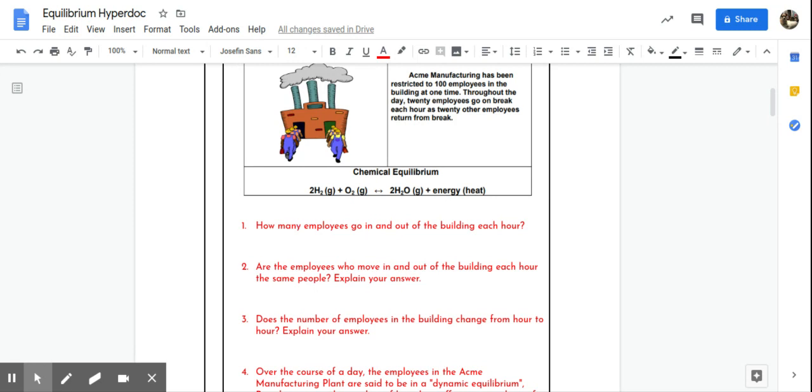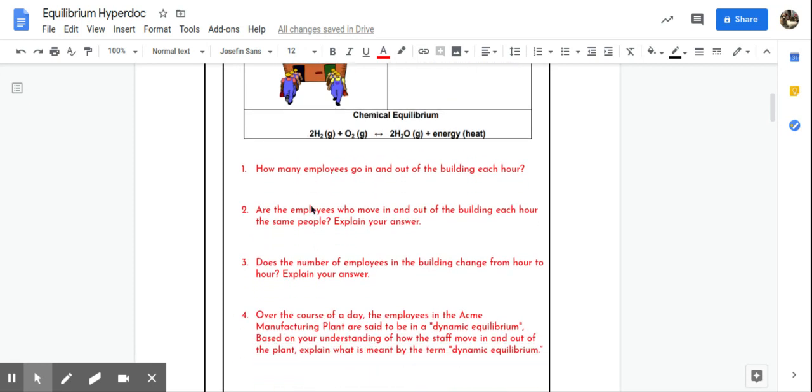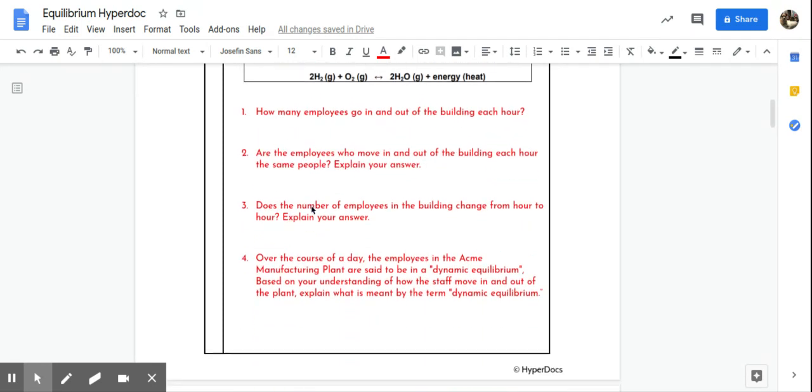Reversible reactions will hit equilibrium, and when they're at equilibrium, we want to maintain that. So it's the same deal as the plant. Once they hit equilibrium, once they hit 100, we're going to maintain that. Keep that in mind as we go through.